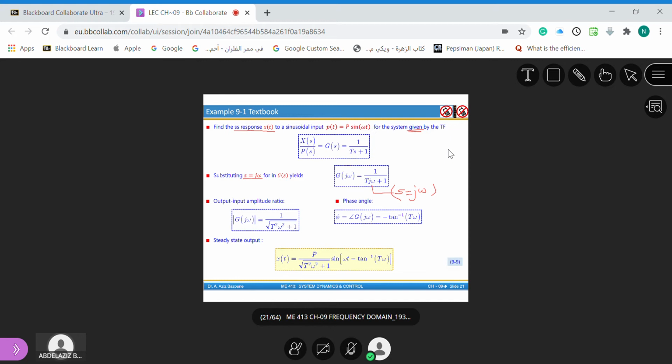So the magnitude of the transfer function will be 1 over the square root of T²ω² plus 1.